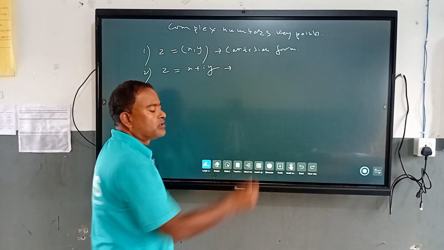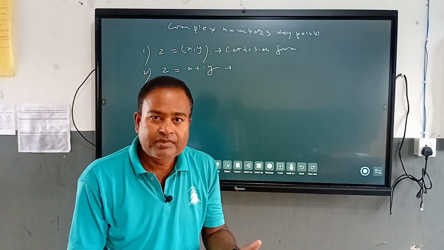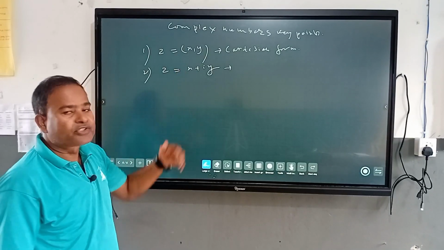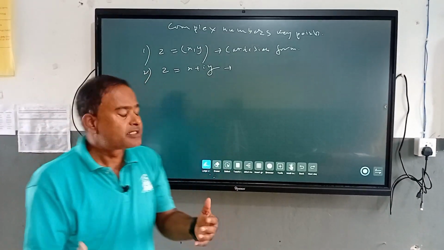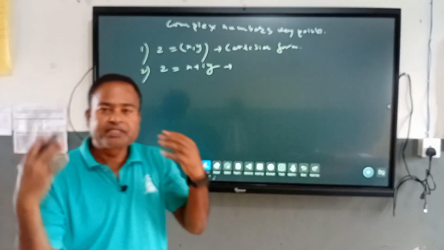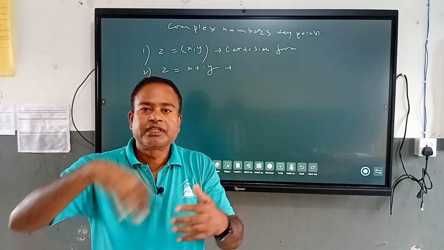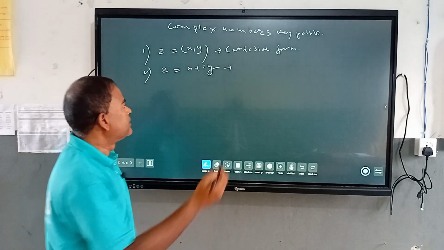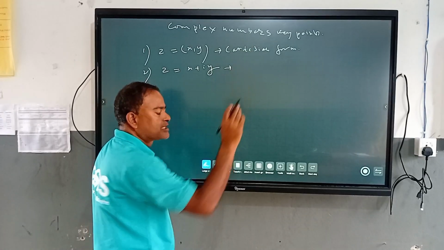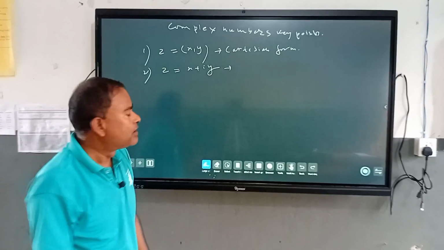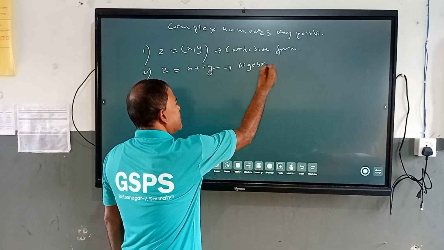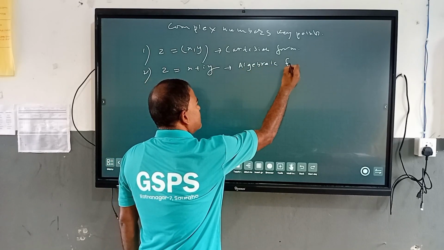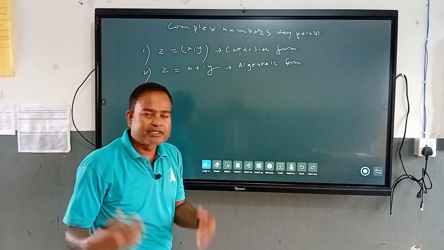So this is called x plus iy form, where x is the real part, y is the imaginary part, and I is the imaginary unit, which equals the square root of -1. So this is known as, simply we can say, x plus iy form, or it is also known as algebraic form of the complex number.